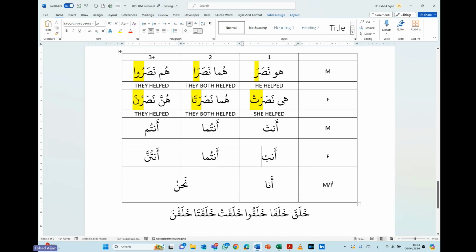What you're going to do is replace the hamza and noon part with the nasara version, and put the sukoon on the ra.